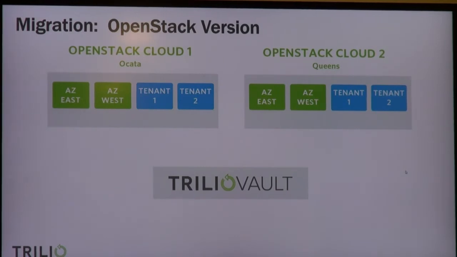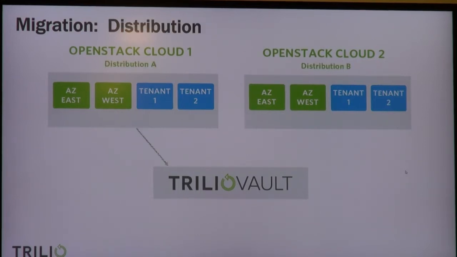Or, we had this question, you can migrate between OpenStack versions. As the question was suggesting, you can use Trilio as a safety net for the case that your rollout upgrade is failing, or if you have two clouds available at the same time, to migrate your workloads easily from the old OpenStack version to the new one.